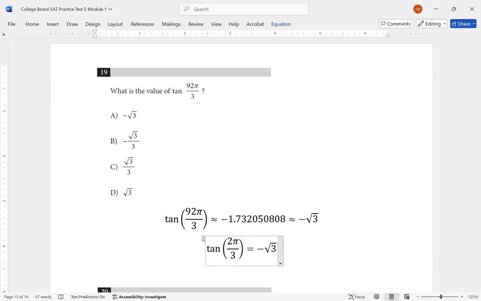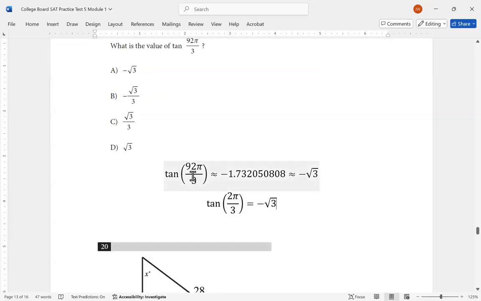Or we take negative root 3 over 2 divided by 1/2, which is negative root 3. So you could do that as well because 92 pi over 3 and 2 pi over 3 have the same terminal value on the unit circle.